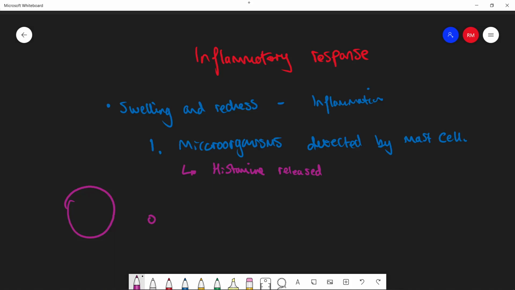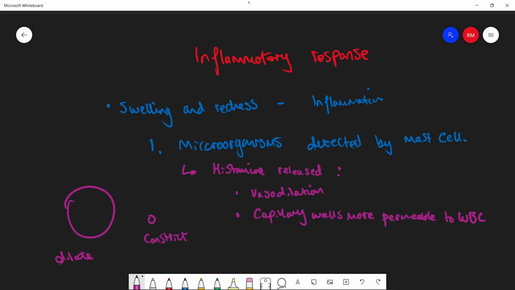Vasodilation, vasoconstriction. Constrict, dilate. So we'll write vasodilation. And this causes more blood to rush to the area of infection. And this histamine also makes the capillary walls more permeable to white blood cells.